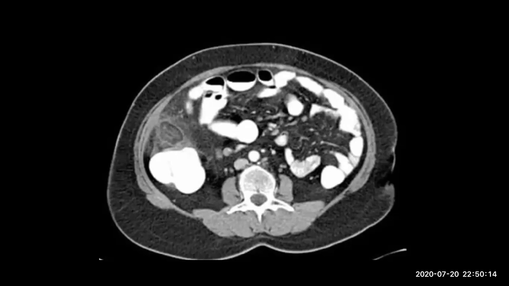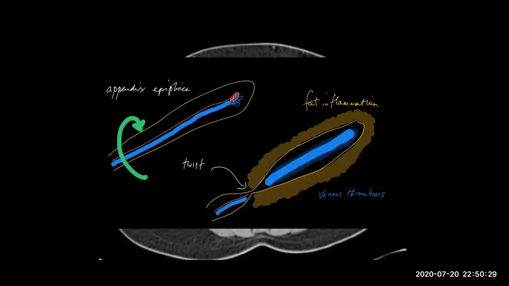It depends on the section. Okay. Dot or line sign. What does that represent? Thrombosed vein. Thrombosed central vein. So this is the appendage here, and this is the artery, and this is the vein. Once there is torsion, they occlude the artery and the vein becomes thrombosed.